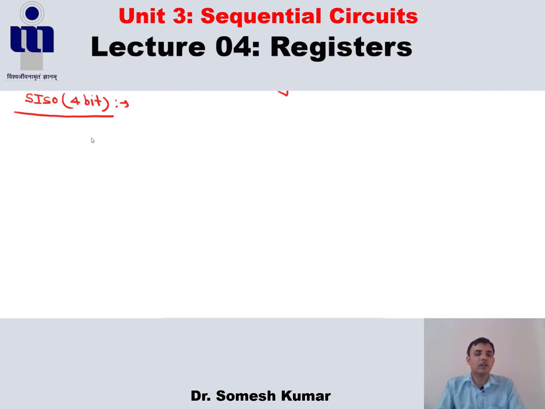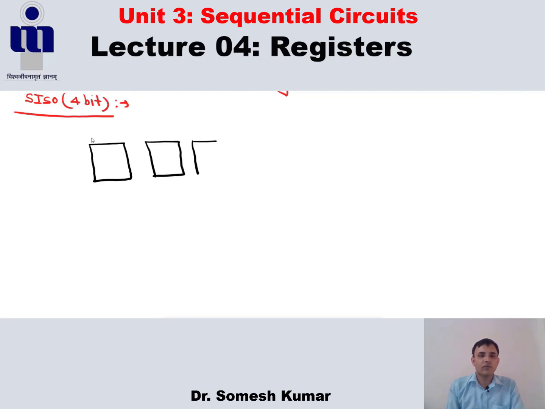It means 4 flip-flops are used to design this 4-bit register. Generally we use D flip-flops to design it. Here in the 4-bit serial input serial output register, 4 D flip-flops are cascaded to each other like this. This is the first D flip-flop, this is the second, the third, and this is our fourth D flip-flop.